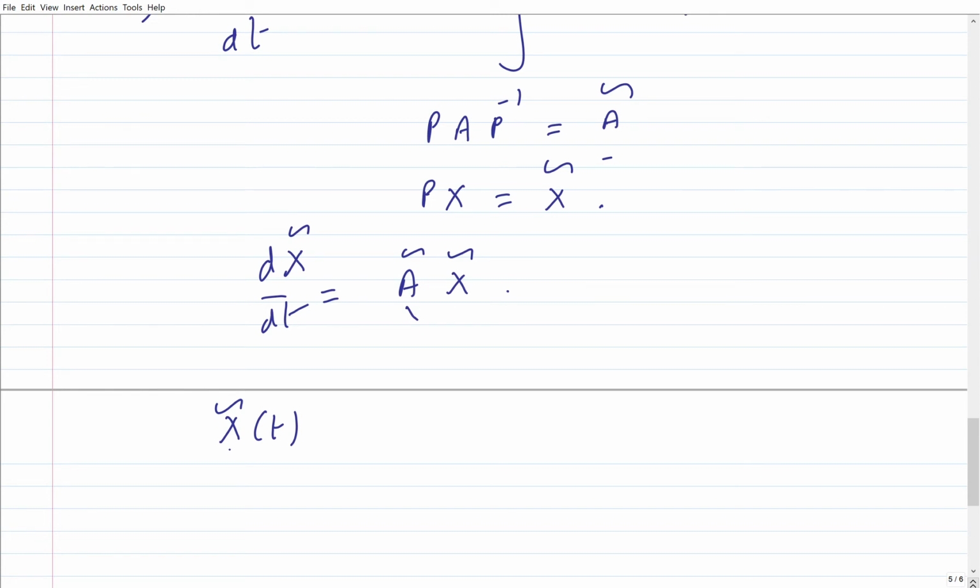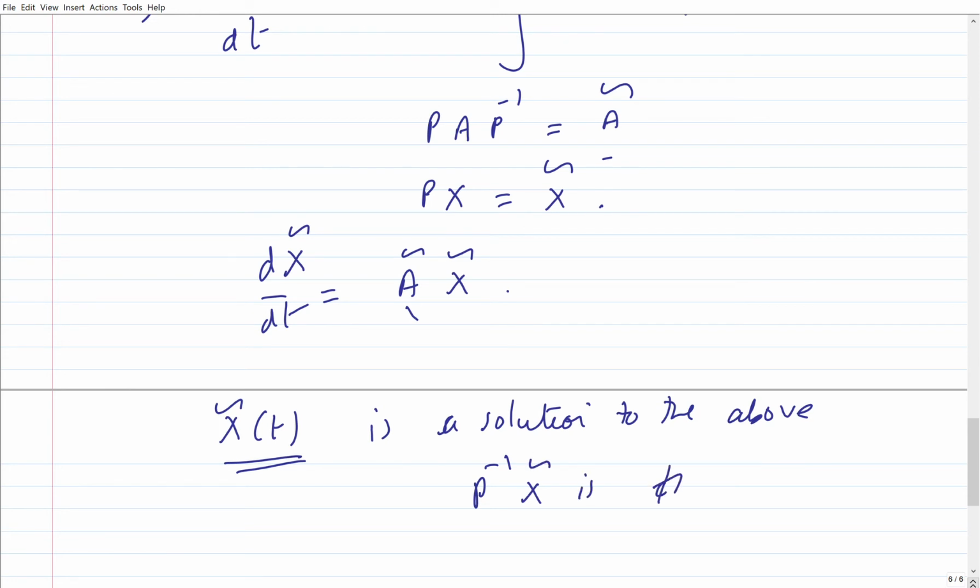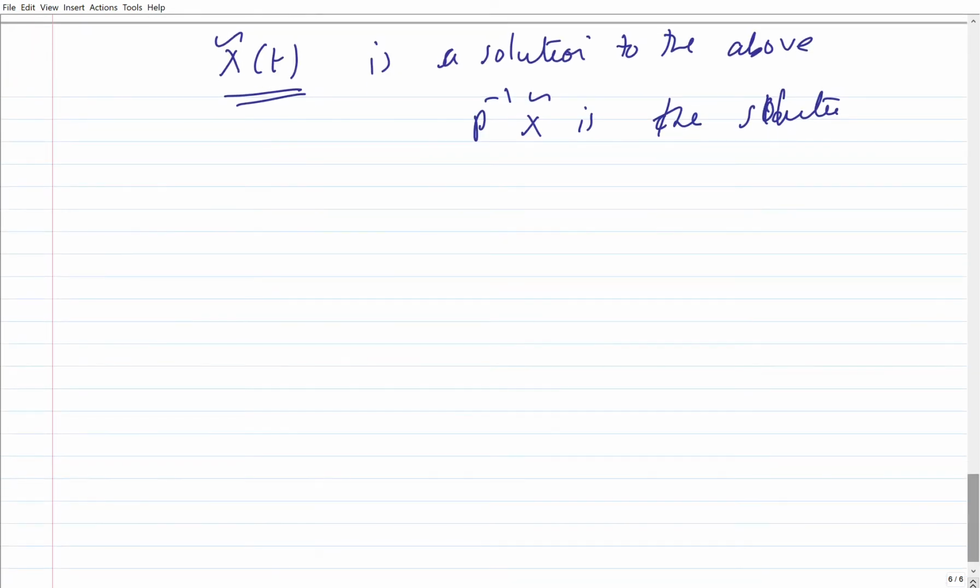So if this is a solution to the above, then I just need to transform this solution into the solution for my original problem.